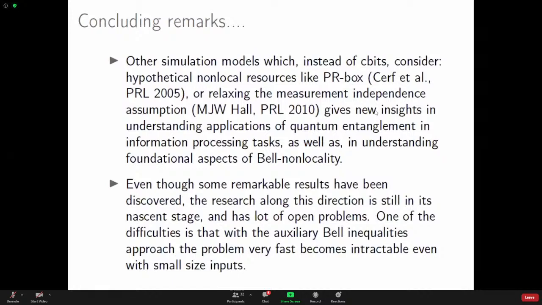Otherwise, closed time-like curves bring in contradictions, which have to be somehow made compatible with quantum mechanics with additional conditions. Or maybe closed time-like curves could be unphysical. It can go both ways. Yeah, so I was thinking of using closed time-like curves or even symmetric quantum mechanics, where there are additional correlations, to see if this can be simulated.